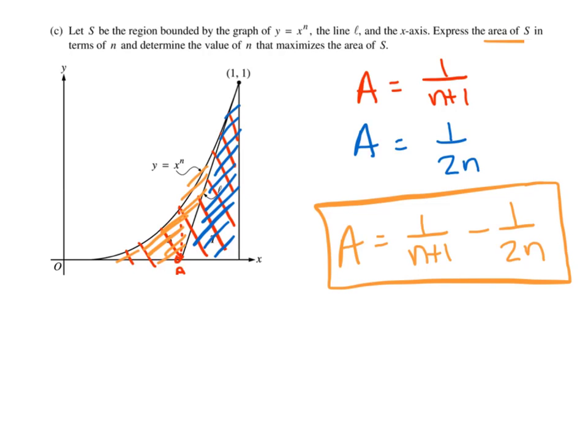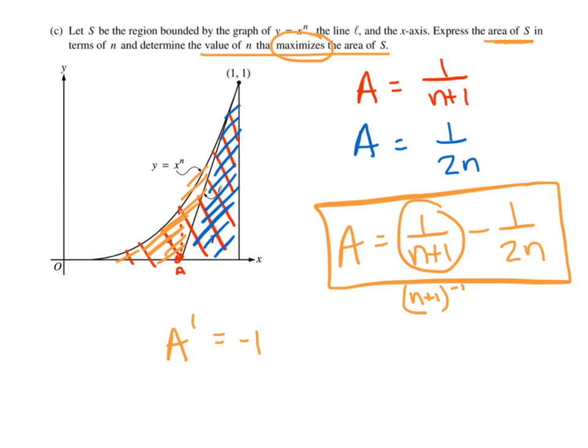Now, besides finding the area of S, they also wanted me to find the value of n that maximizes the area of S. Anytime you want to maximize or minimize some quantity, we're going to take the derivative, set it equal to 0, and then of course we'll try to confirm that it's a maximum value instead of a minimum. So we're going to find our derivative. For this term, I'm visualizing n plus 1 to the negative 1 power.